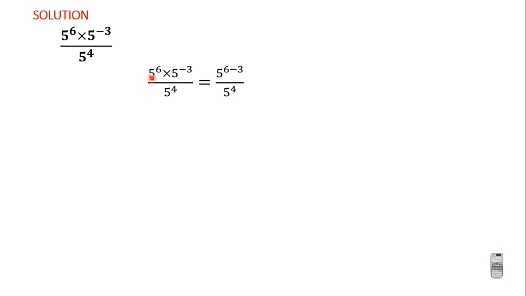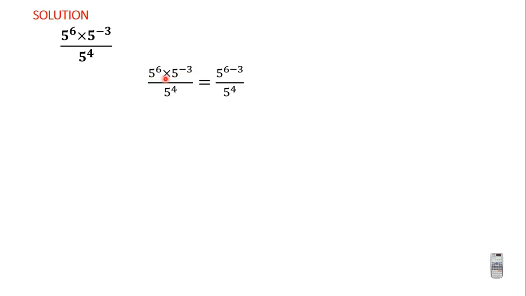Okay, so 5 exponent 6 times 5 exponent minus 3. We learned from the laws of indices that if you have two numbers in index form multiplying, and these two numbers have the same base, you write one of the bases and you add the exponents. So here we have 5 exponent 6 multiplying 5 exponent minus 3.